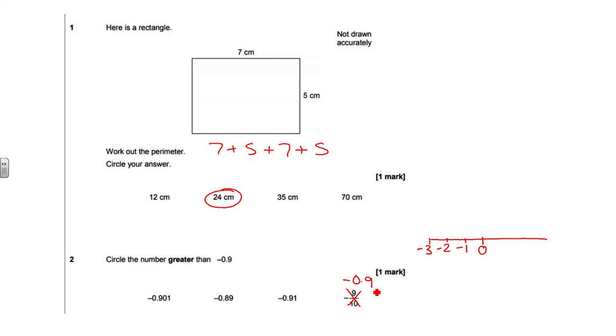If we look at those numbers, the smallest number-wise would be 0.89. So actually, minus 0.89 is the number that is bigger than negative 0.9, because if we think about it on this number line, we've got negative 0.9 here, and then negative 0.89 is just a teensy bit closer to 0.